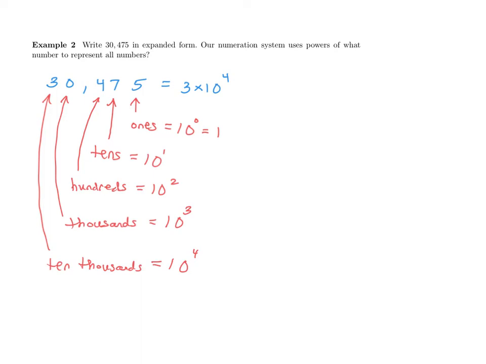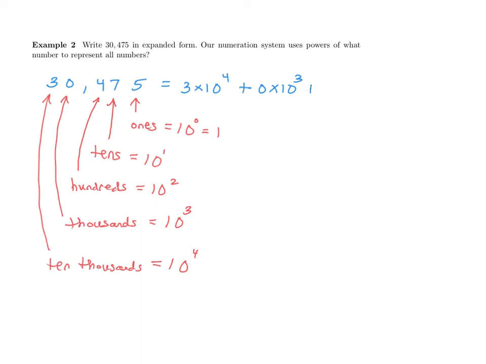Multiplied by 3 is this 30,000 right here. Now, to complete this number, you have to add on all of the remaining place values. Here's the thousands place. Now, technically, we're saying there are 0 thousands in this condensed number, but you could write that like this. That's 0 times 10 to the power of 3. There are 3 10,000s, but we're going to add on 0 thousands. And we'll continue down the line.